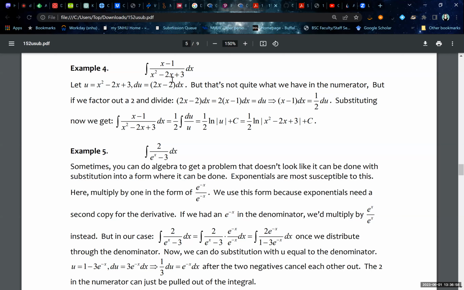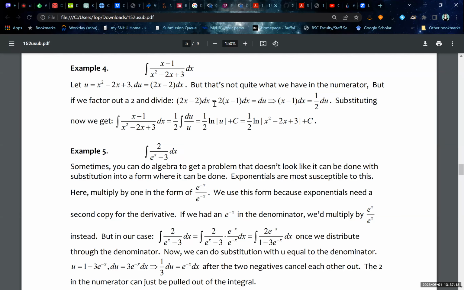Another example would be, again, this rational function. We said that the denominator is the best guess for your u substitution. The derivative you get is 2x minus 2, which is not what is here, but this is 2 times the expression that you need in the numerator.